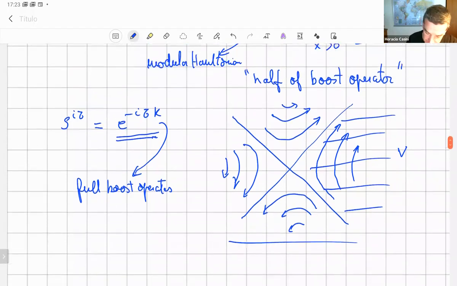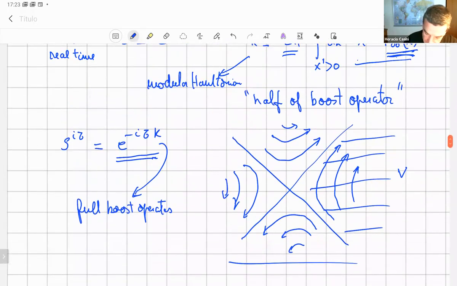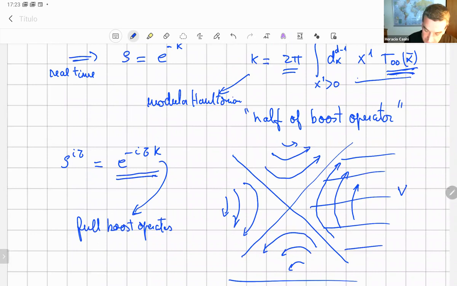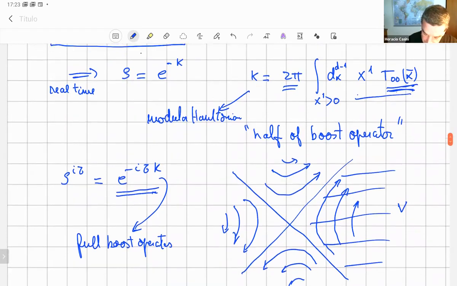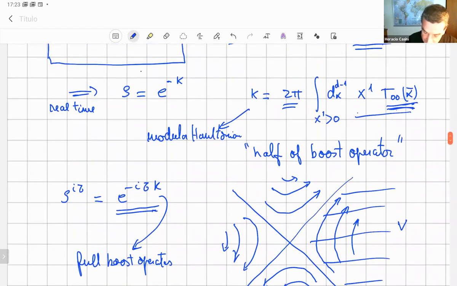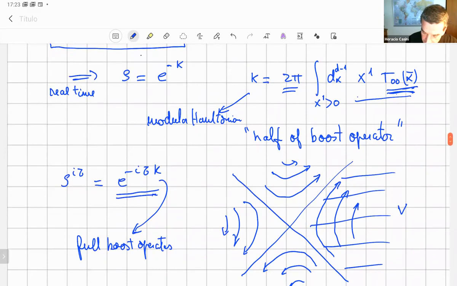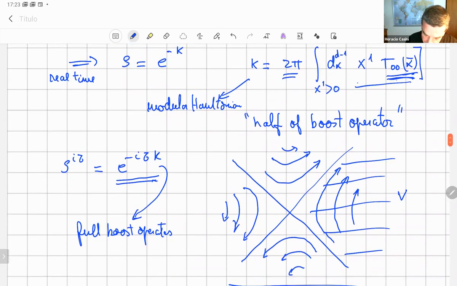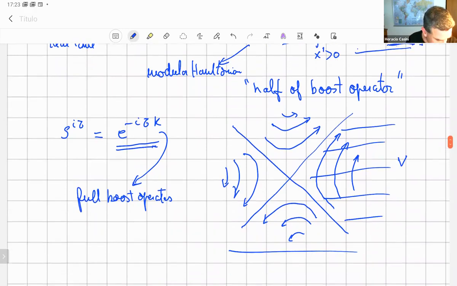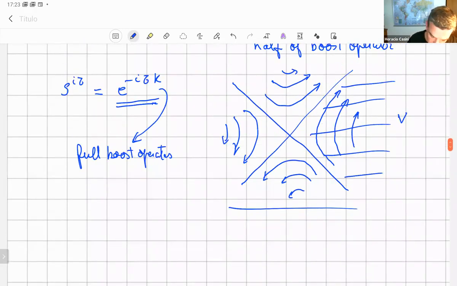And so we see that from the vacuum state, we get reduced to half a space, we get the boost operator. And somehow the information of the stress tensor of the theory, the energy density operator of the theory, is in the density matrix of the vacuum state. And this is related to the Unruh effect.